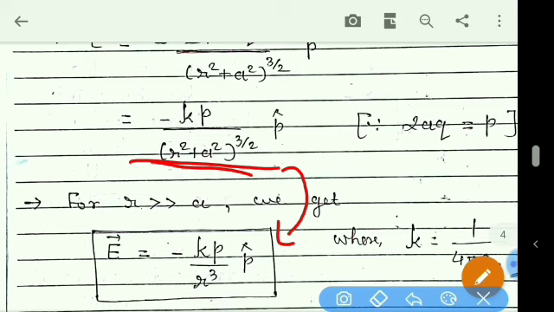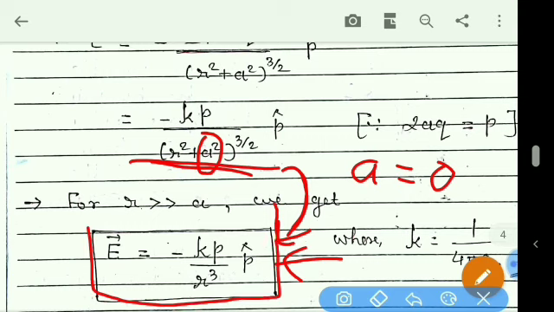Earlier also we did this. At a large distance we can neglect this a square. So considering this a is equal to 0, we get a simple relation which is used very widely. So finally we can obtain the electric field at the equator of a dipole.